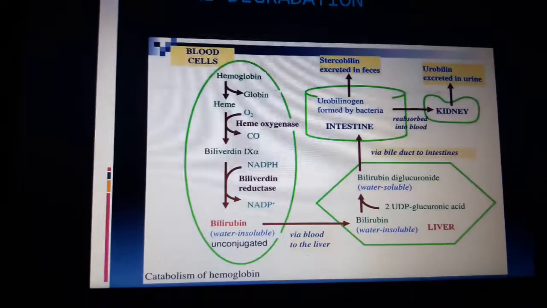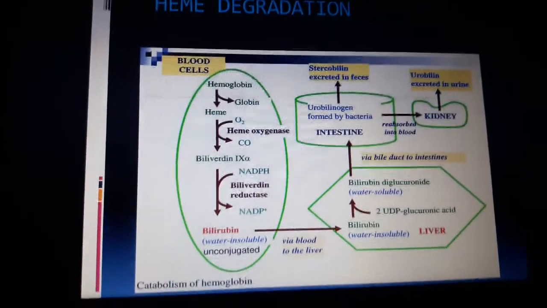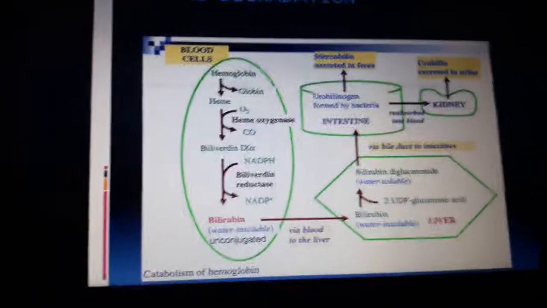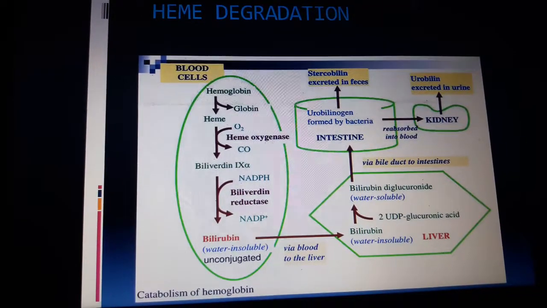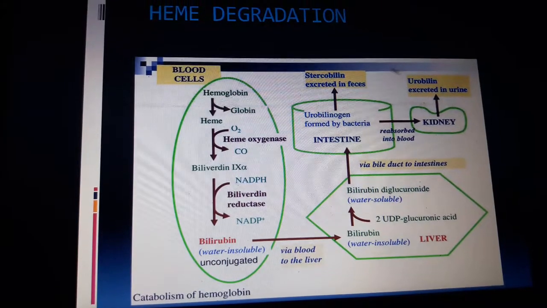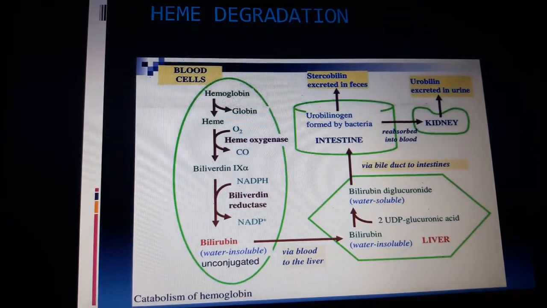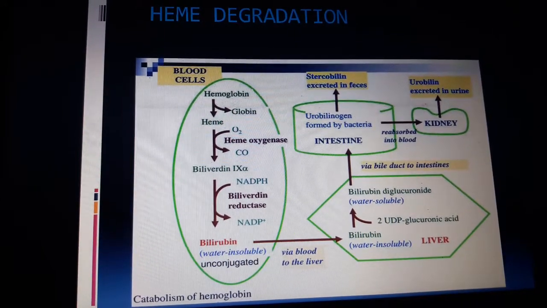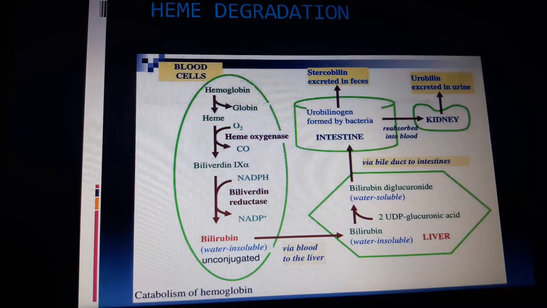So bilirubin is conjugated with 2 UDP glucuronic acid. Then it is converted to bilirubin diglucuronide. So here water insoluble bilirubin is converted to water soluble bilirubin, that is conjugated bilirubin like bilirubin diglucuronide.